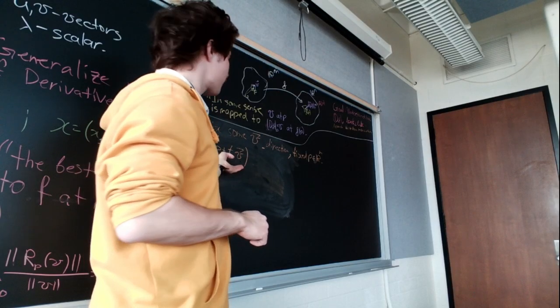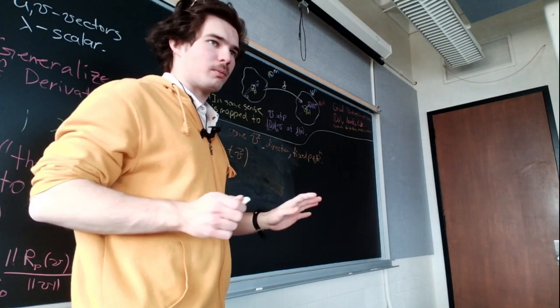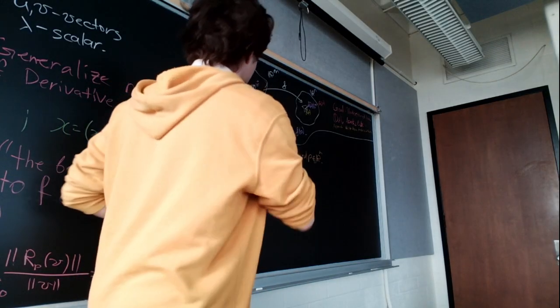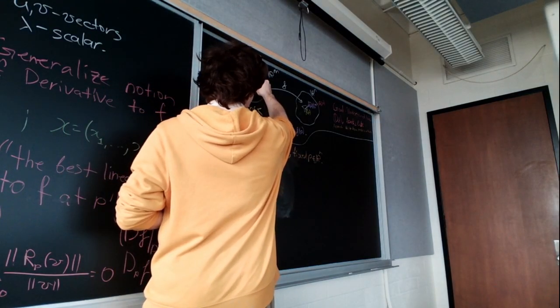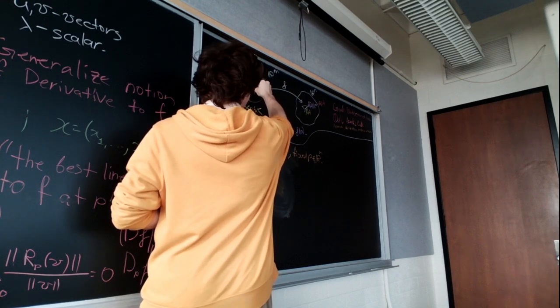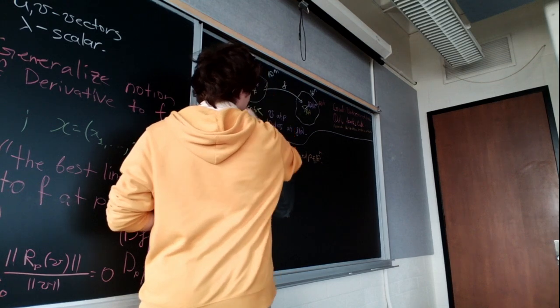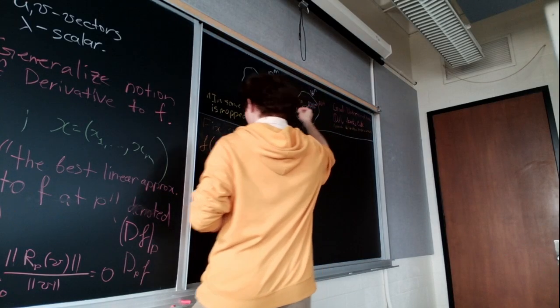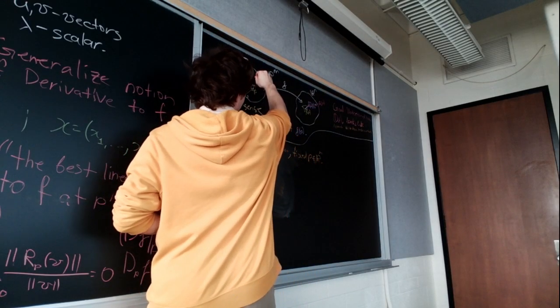Do you agree? And that's something we know how to do. But you can see that what this is doing is taking this direction v and seeing how this function changes as we go along this line.